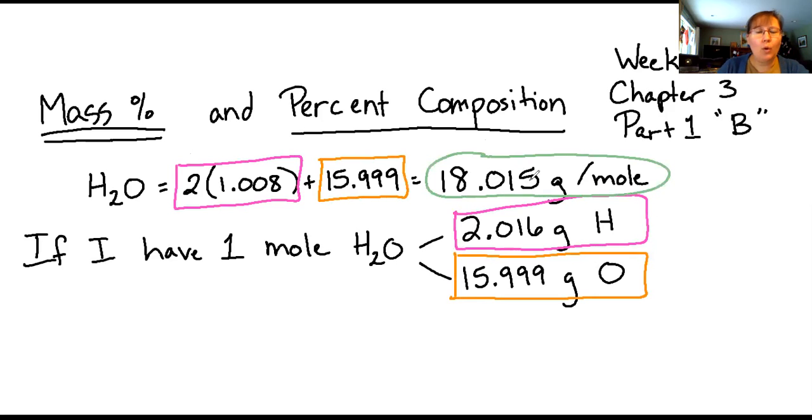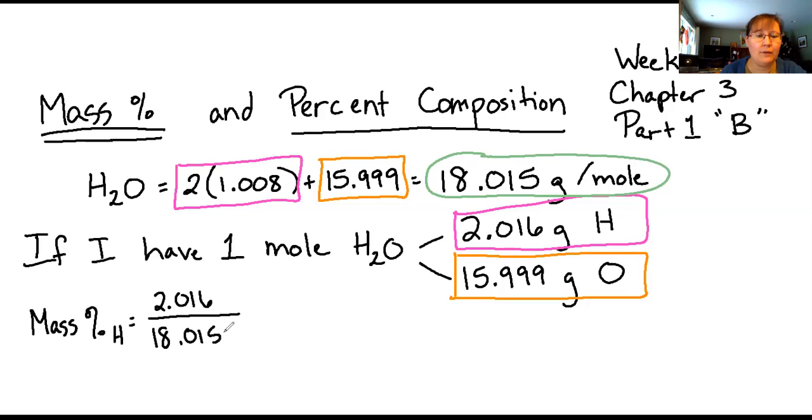And of course, when I add these together, I get this molar mass here. Okay, so, well, what's the percent then? So then what I can do is I can find an overall mass percent of each element. So let's say the mass percent of hydrogen would be the mass of the hydrogen, 2.016, divided by the total, 18.015, and you turn that into a percent.